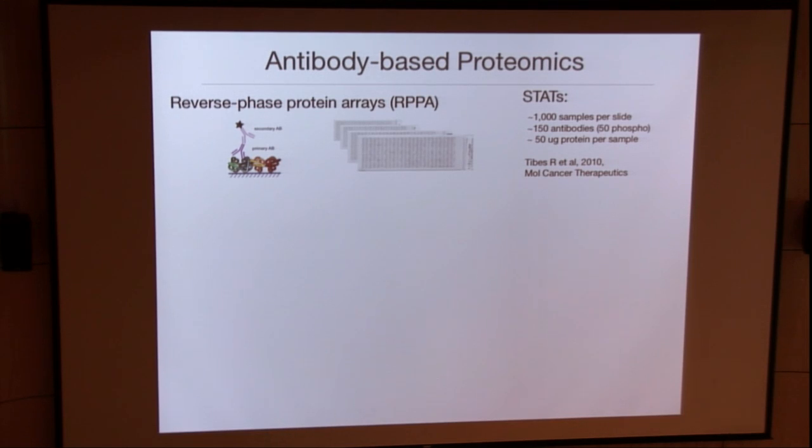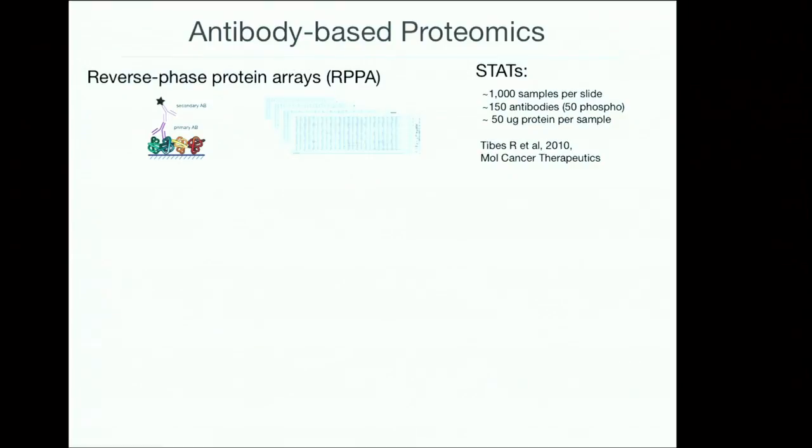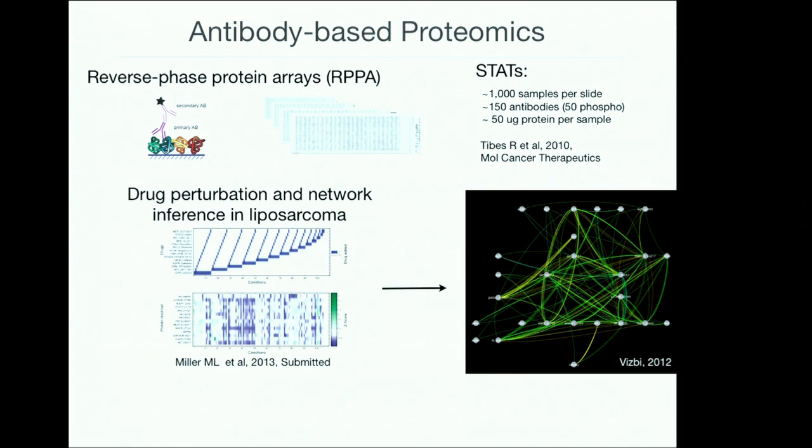And we've been working with Gordon Mills at MD Anderson in Texas, and they have a repertoire of around 150 antibodies, and some of these are recognized phosphorylation sites. And you really need very little sample. So this is great if you have a lot of samples and want to measure some proteins of interest. And these are, of course, selected for certain cancer proteins.